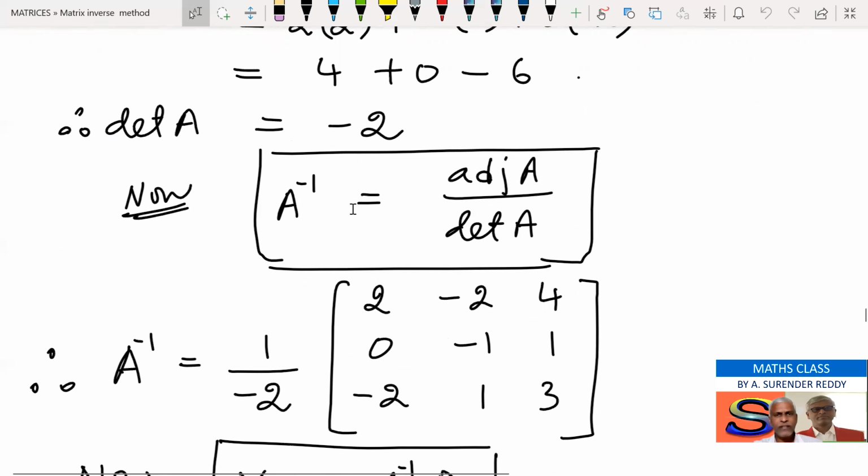So with these two, we can write the inverse matrix. The inverse of A is the adjoint by determinant, that is the definition of the inverse matrix. Determinant is nothing but a value, a numerical value.